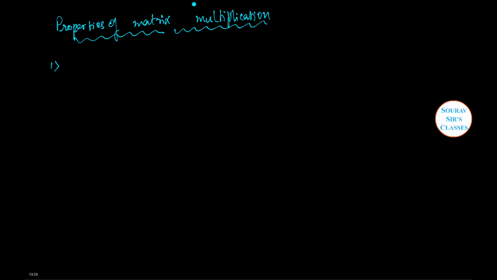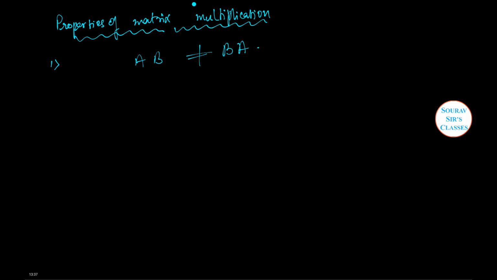Now we'll learn about properties of multiplication. Matrix multiplication is not commutative in general, that is, A into B is not equal to B into A. But matrix multiplication is associative, that is, (AB) into C is equal to A into (BC).